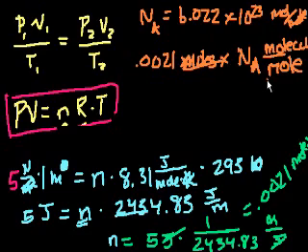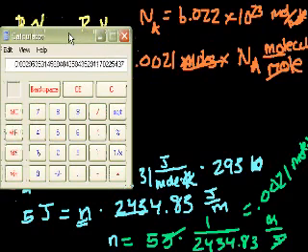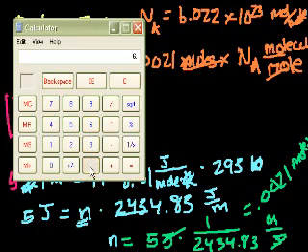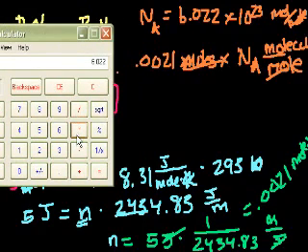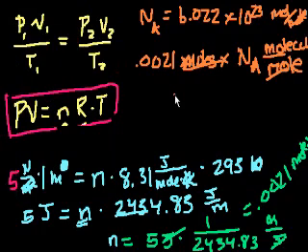So then the moles will cancel out. And Avogadro's number is 6.022 times 10 to the 23. Let's just remember that, and let's just multiply that times 0.0021.